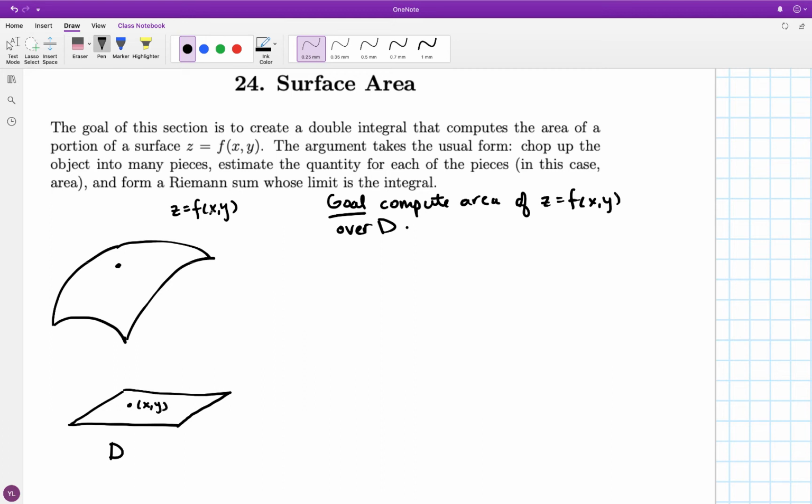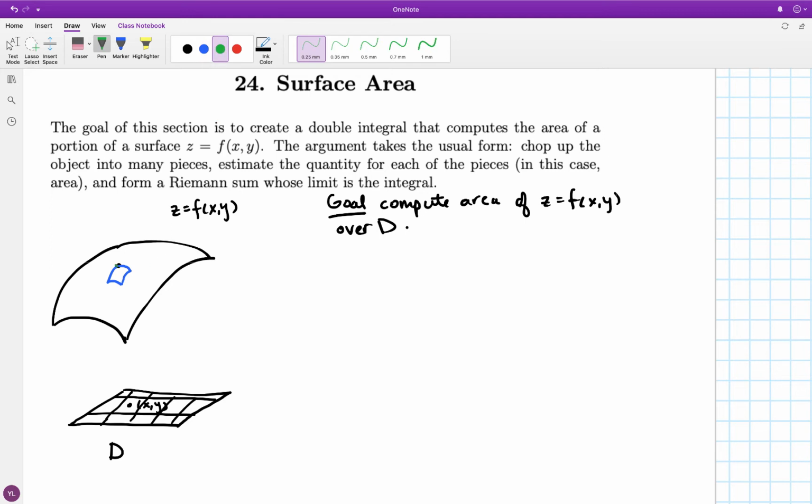We'll call it (x,y). And let's imagine if I partition this domain D up into a million pieces, possibly by partitioning the x values and partitioning the y values, then I'm in effect chopping up the surface into a bunch of pieces. So our first goal is going to be to estimate the area of one of these small pieces.